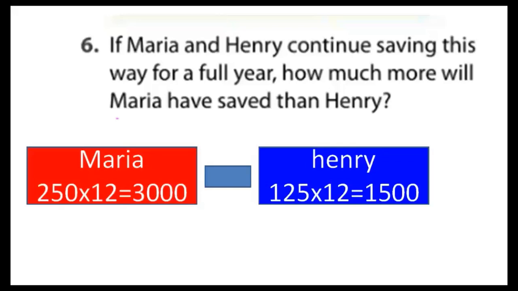You are going to subtract the smallest saving, Henry's 1,500, from the biggest amount, 3,000, to get the total answer. Yes, the difference between them will be 1,500 more. Okay, my dear?